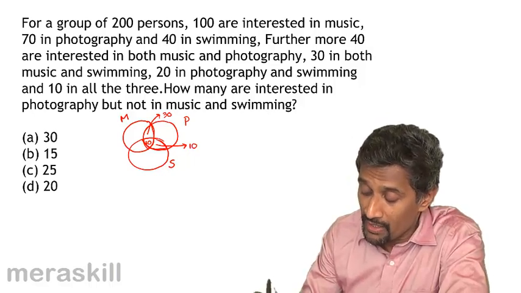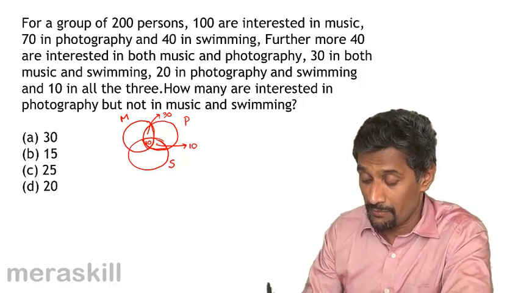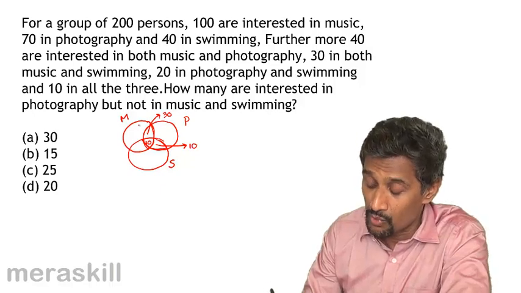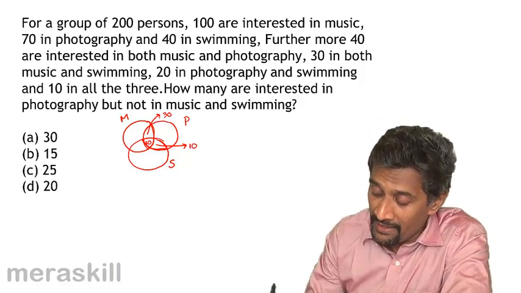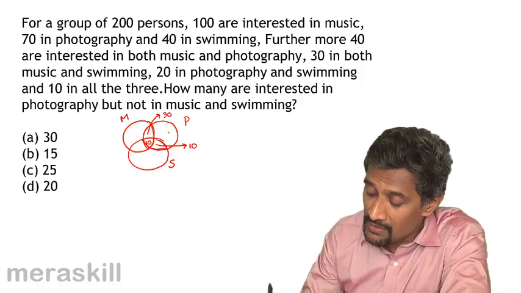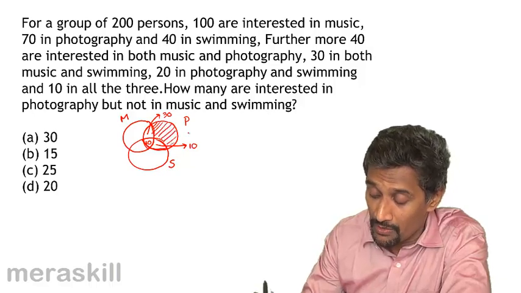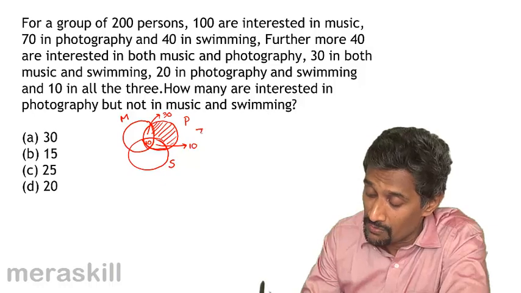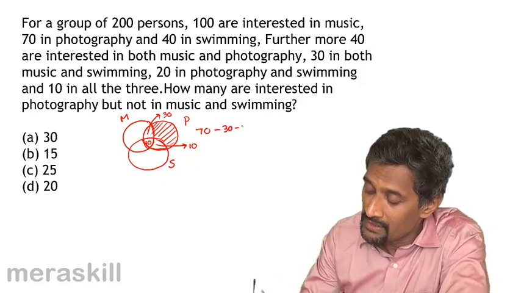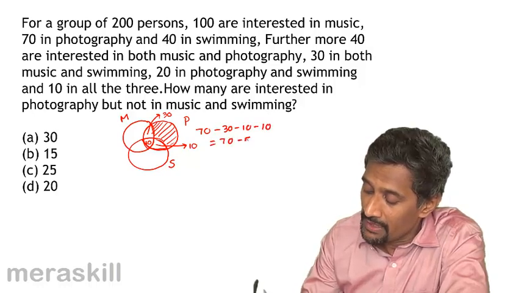So there are 10 who are exclusively interested in just photography and swimming, 10 interested in all the 3, and 30 interested exclusively in music and photography. And the total who are interested in photography is 70. So the ones who are interested in photography alone and not in music and swimming would be 70 minus 30 minus 10 minus 10, which is 70 minus 50.